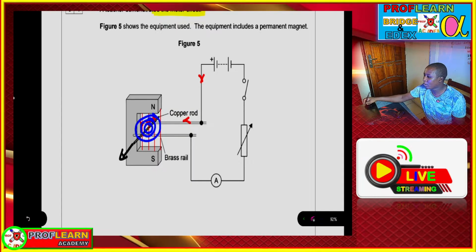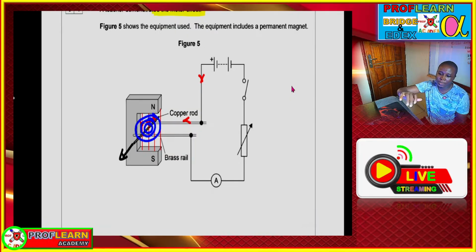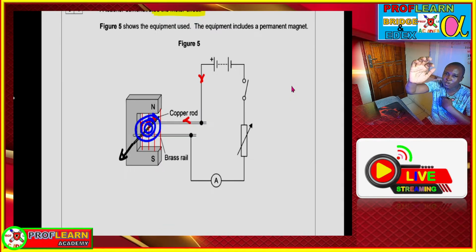If you want to predict the direction of motion, look at the diagram: the current is approaching us, so my thumb will approach me. I want you to try doing it. Assume you are holding that copper rod, and the thumb, for the right hand grip rule, points in the direction of the current.